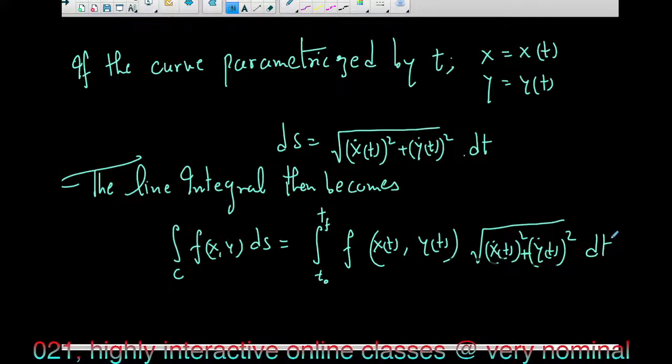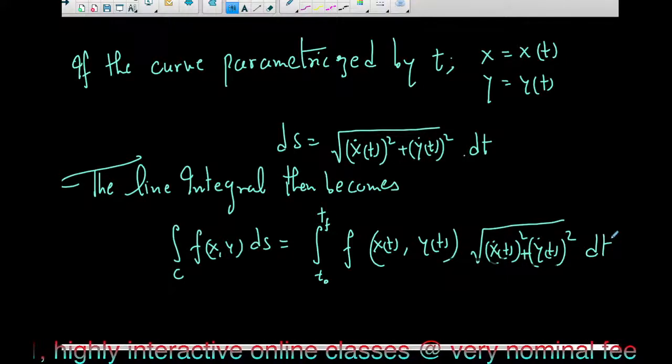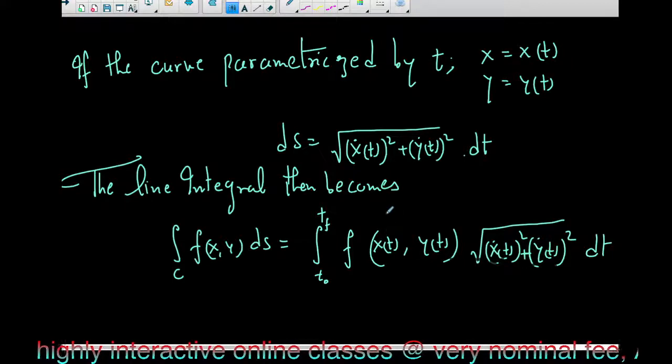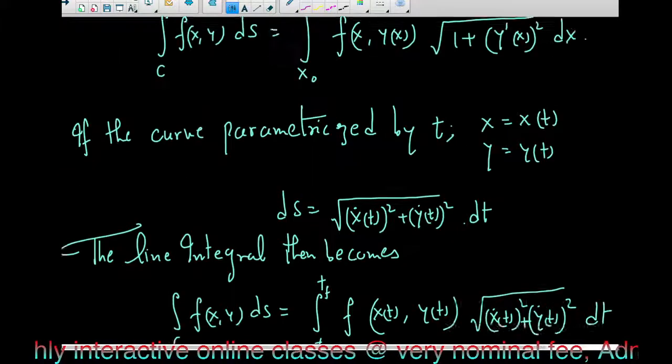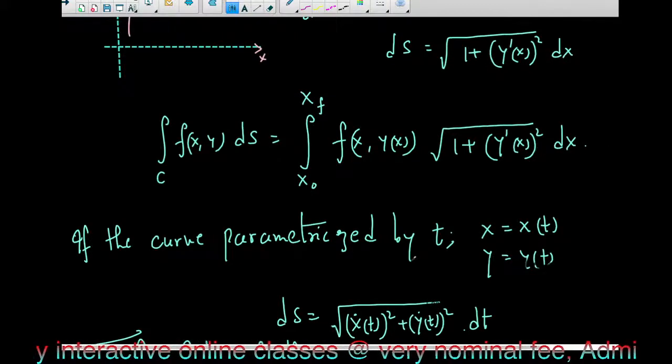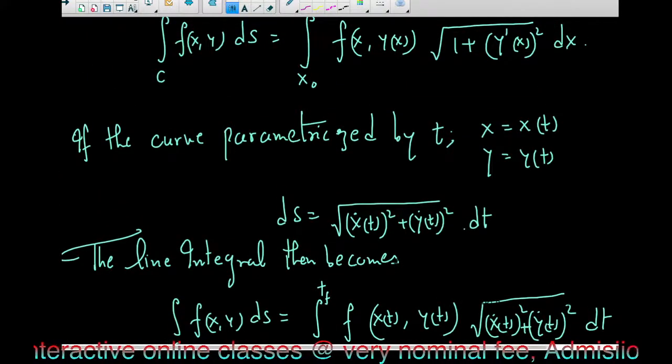If the parameter form is given, then from the same pattern we can come to the previous form also, like this we can derive. That's okay, later on. Let me go for this one, arc length.